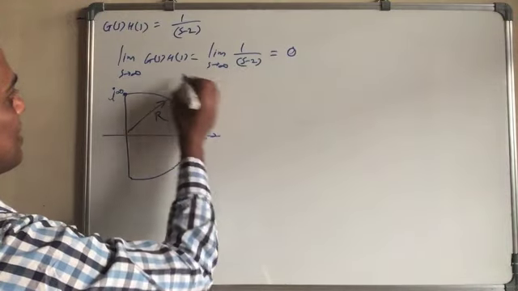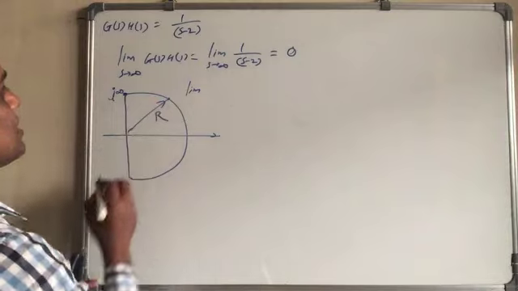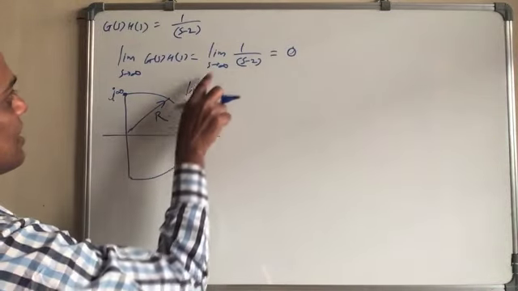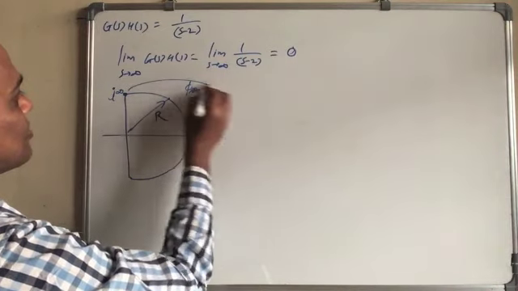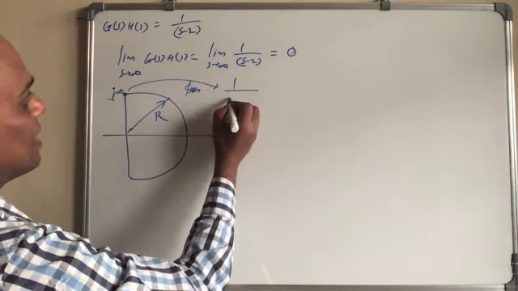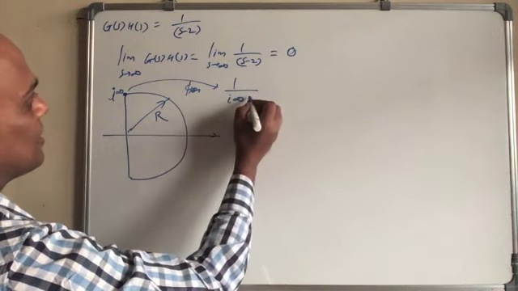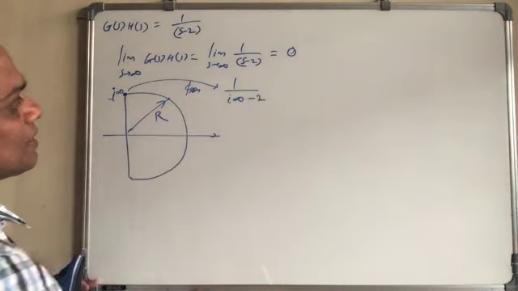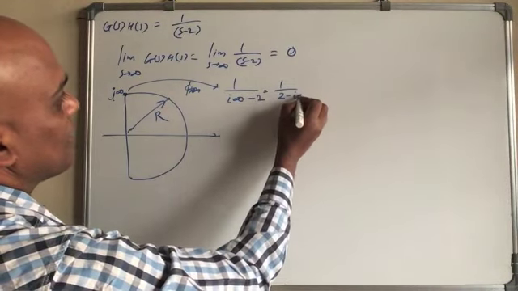So even here we can put the limit as S tends to infinity and see what happens. Corresponding to this point 1, we will have I infinity minus 2, right? Or simply equal to 2 minus I infinity.